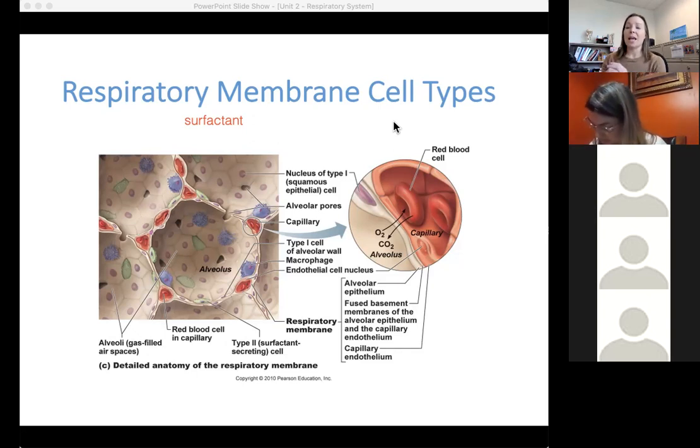Surface tension is a force that pulls the alveoli inward, which can cause them to collapse.